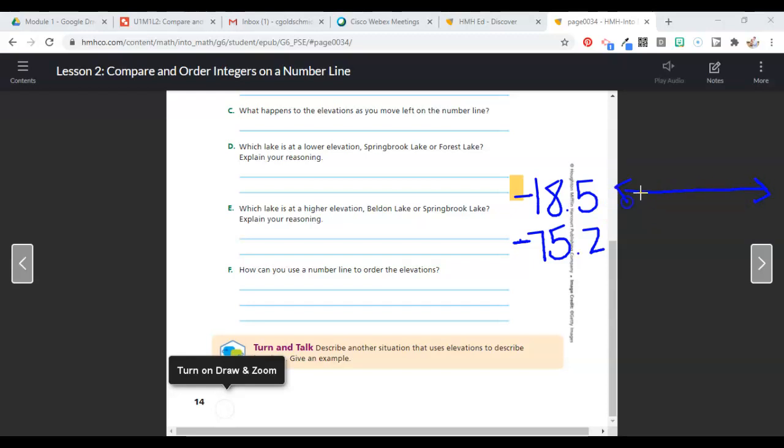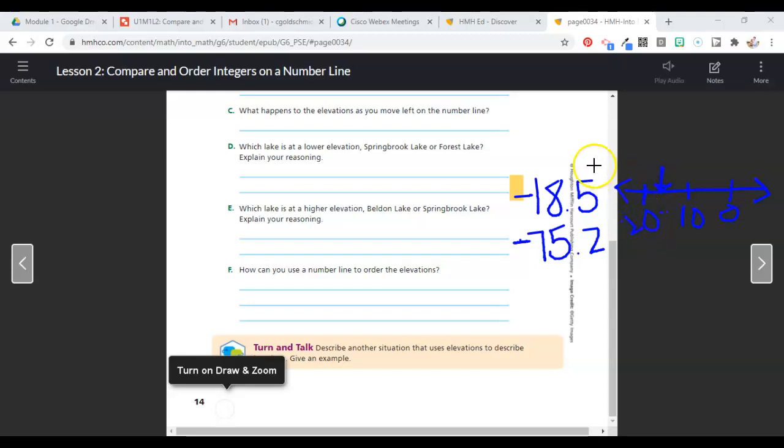So I have my 0. I'm going to count by 10, so negative 10, and then I have negative 20. So I know that negative 18.5 is around right in here.